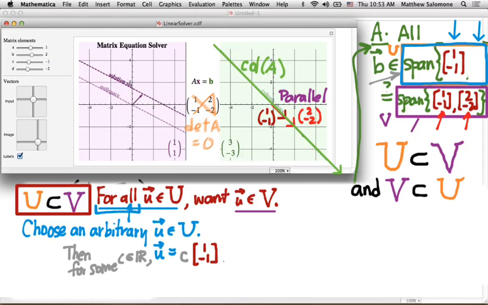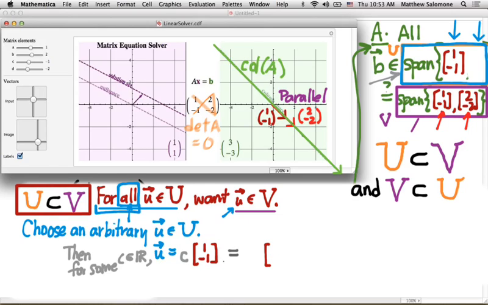Could you just use, couldn't you prove it just by using a number for c? Well, not exactly, because again, we want this statement to be true for all u. But I'll agree with you about this: if what we're trying to do is to prove that u belongs to V, the span of both of these vectors, then it is sufficient to show that u is some linear combination, even if it's a particular linear combination, of the vectors (1, -1) and (2, -2).